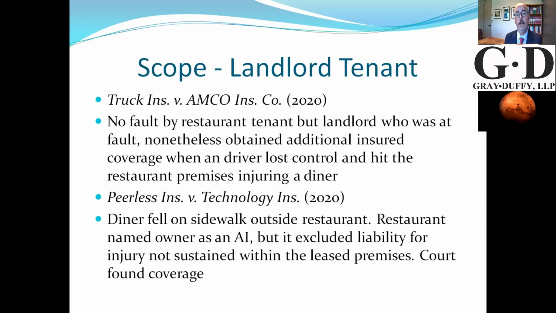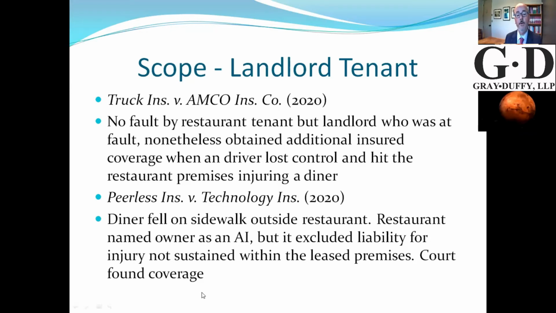In Peerless versus Technology, which came out of the Second Circuit out of New York, a diner fell on a sidewalk outside of a restaurant. The restaurant owner was named as an additional insured on the restaurant's policy. Let me say that again. The restaurant named the owner, the premises owner, as an additional insured under its policy, but it excluded liability for injury not sustained on the leased premises.